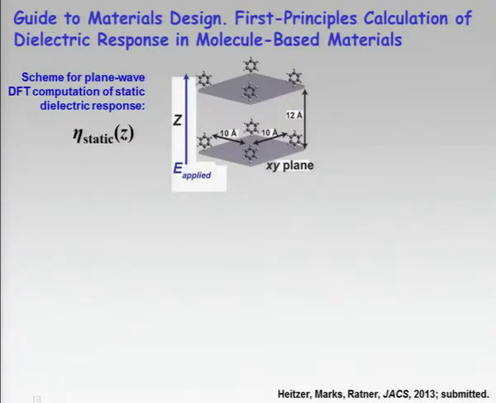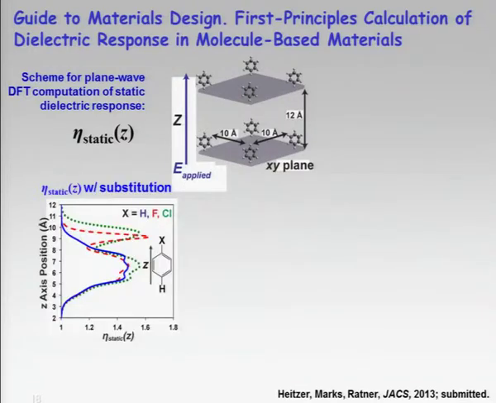And so this is work with Mark Ratner and a very bright student named Henry Heitzer, developing basically a first principles method, starting with organic monolayers with different building blocks. So it's a plane wave DFT calculation to actually predict what the dielectric constant of organic layers like this will be. So this is just looking at layers of benzene, fluorobenzene, and chlorobenzene.